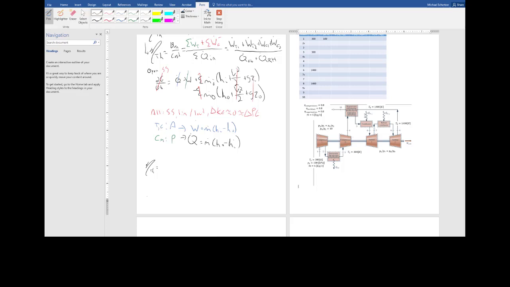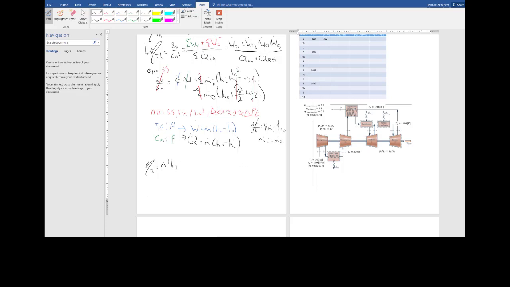It's always the whole mass flow rate, so I don't have to do the whole colored pencil thing we did with Rankine regeneration. There's only one mass flow rate, because if I did dm by dt is equal to the sum of m dot in minus the sum of m dot out, they're all steady state, one inlet, one outlet. m dot in is equal to m dot out. And because we don't split the mass, there's only one mass flow rate.